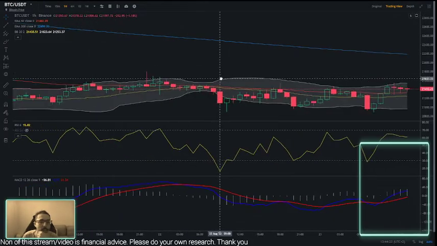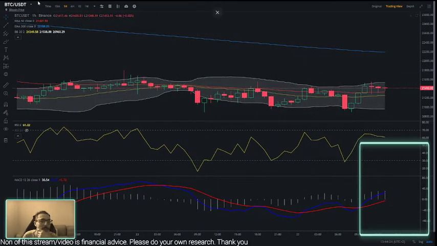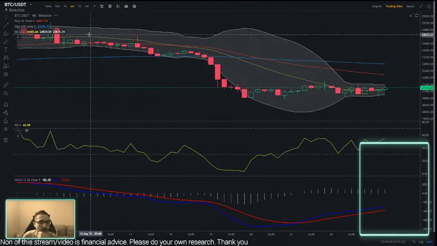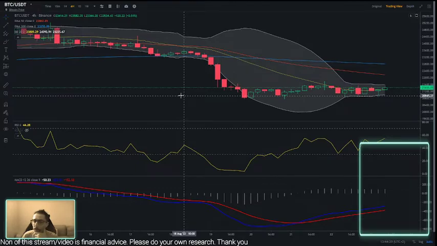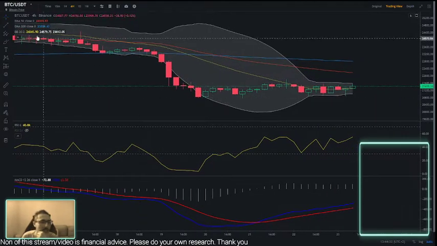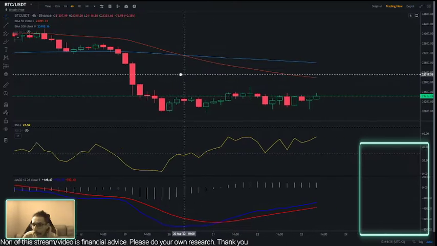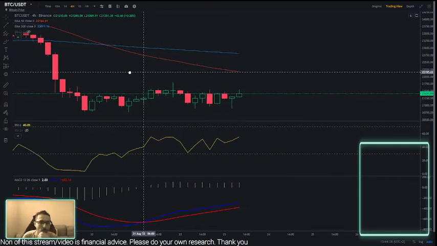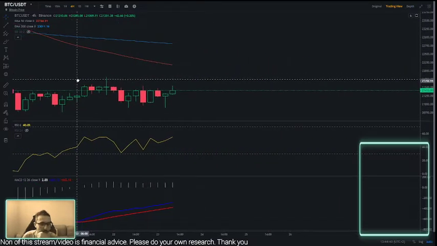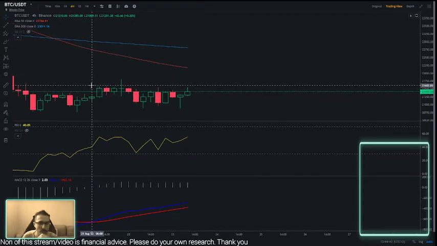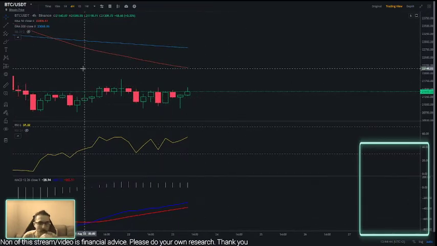Alright, now let's switch to the 4-hour charts. So this is interesting. Let's hide the Bollinger Band and let's look into the recent time frame, which is only this part here.